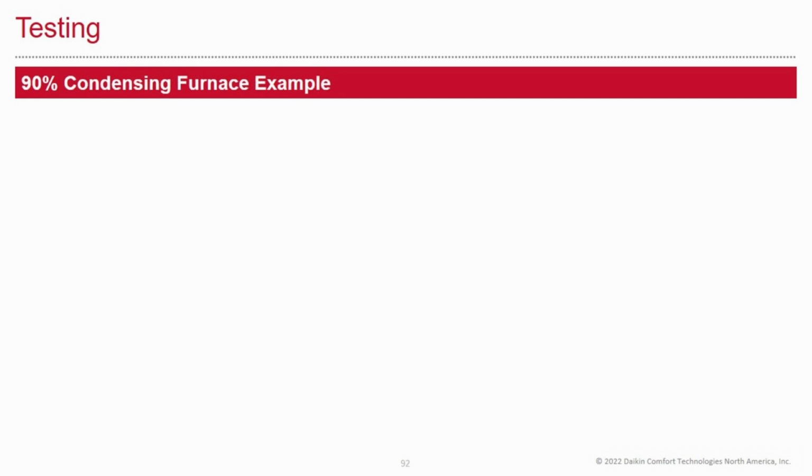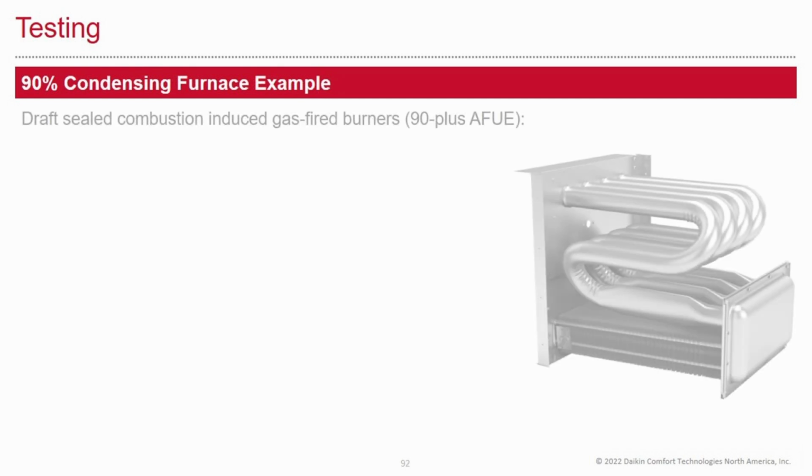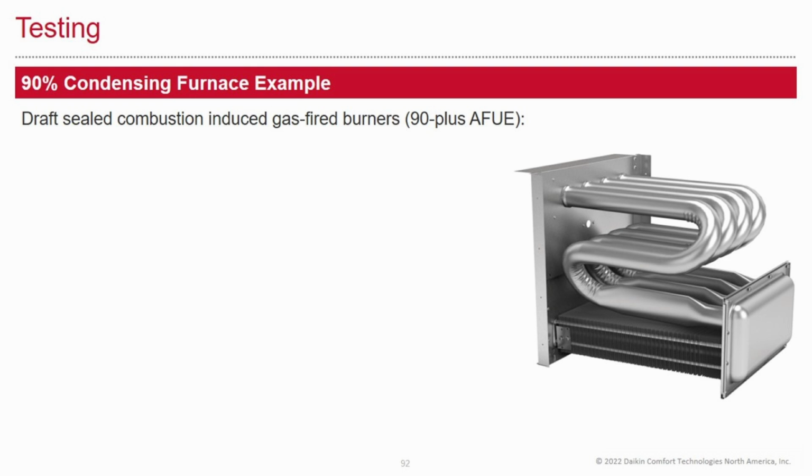90% condensing furnace example. Draft sealed combustion induced gas-fired burners. 90 plus AFUE. Efficiency 88 to 92%. Oxygen 5 to 7%. Carbon dioxide 7 to 8.5%.